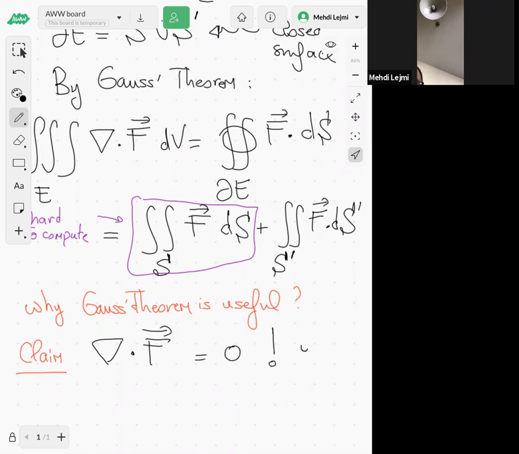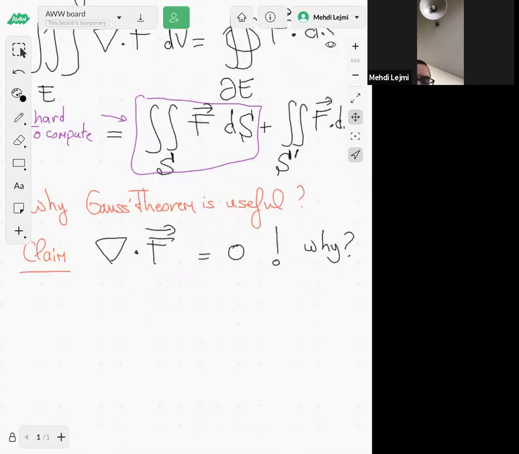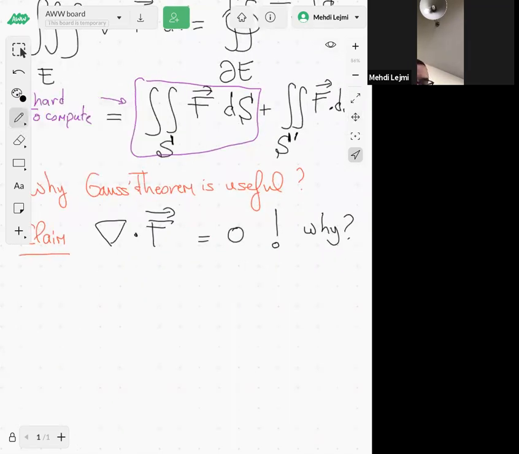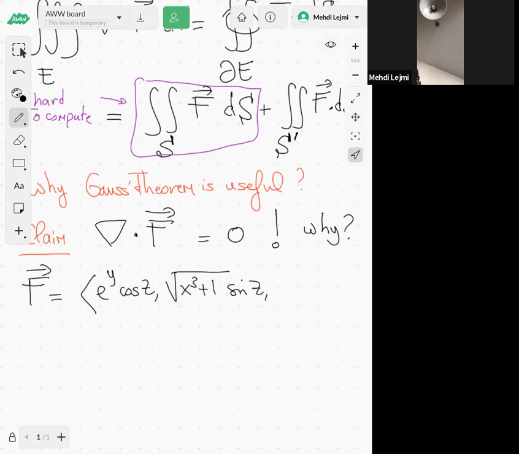Why? Remember, F was this very complicated vector field, but the divergence of this complicated vector field is 0. So it's e to the y cosine z, we have the square root of x cubed plus 1 times sine of z, and here x squared plus y squared plus 3, right? That was my vector field.